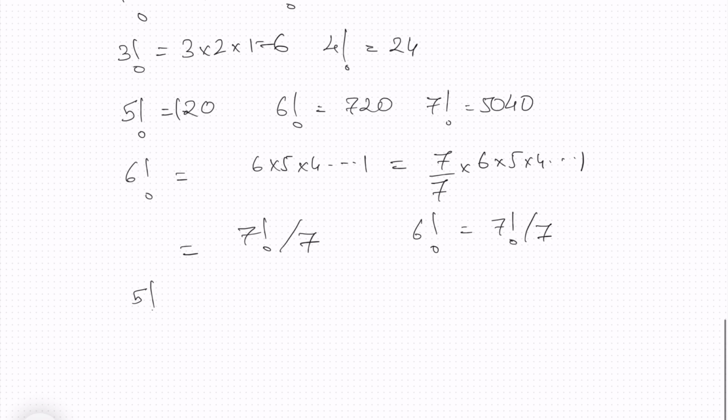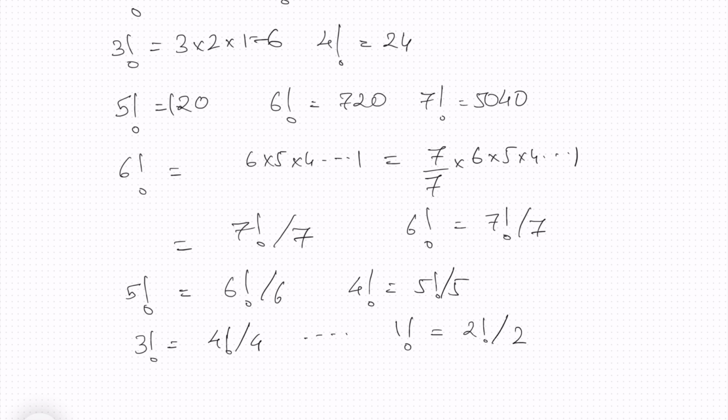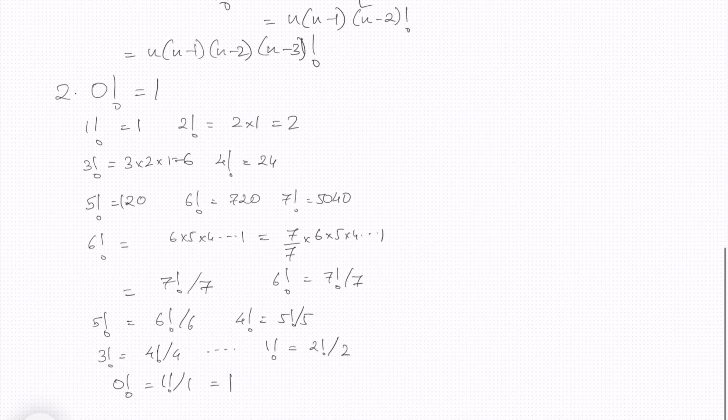So what do you think 5 factorial should be? It'll just be 6 factorial by 6, right? Similarly, 4 factorial will be 5 factorial by 5. 3 factorial will be 4 factorial by 4, and so on. 1 factorial will be 2 factorial by 2, and hence 0 factorial will be 1 factorial by 1, and that is why we say that 0 factorial is 1. This is a nice way to remember it.